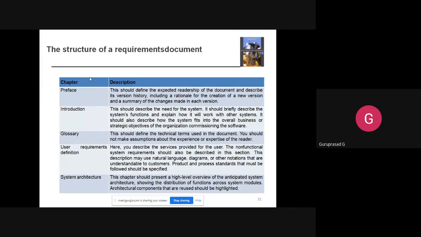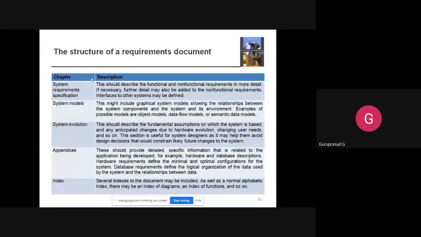Preface, then the introduction, the glossary, the user requirements definition, system architecture, system requirement specification, system models, system evolution, then the last two parts, generally appendix and index. Fine, so this is about the structure.